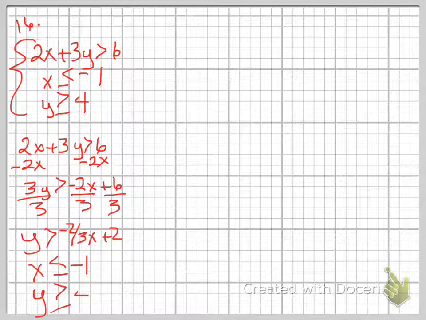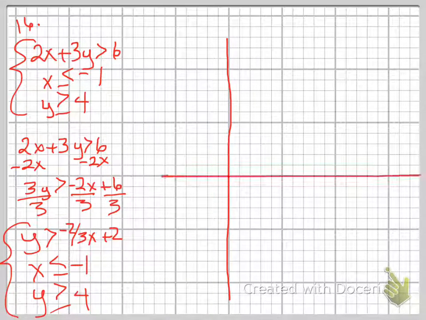And then we have our other equations. Y is less than or equal to -1. Y is greater than or equal to 4. So we're going to graph that system of equations. Start by graphing the first one.